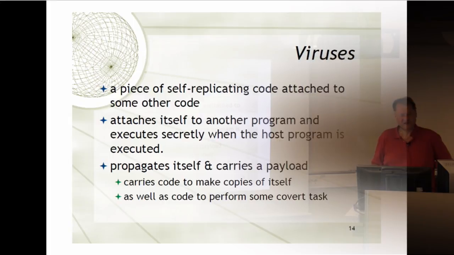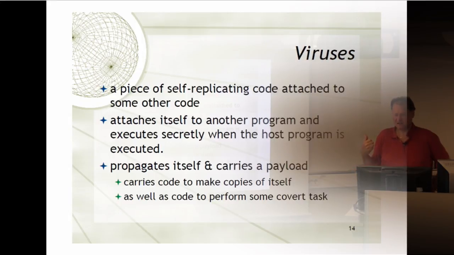Typically, the virus tries to spread either within a computer system by going from one file to another and infecting many files, typically program files, but could also be other types of files. But of course it would also like to spread to other systems.